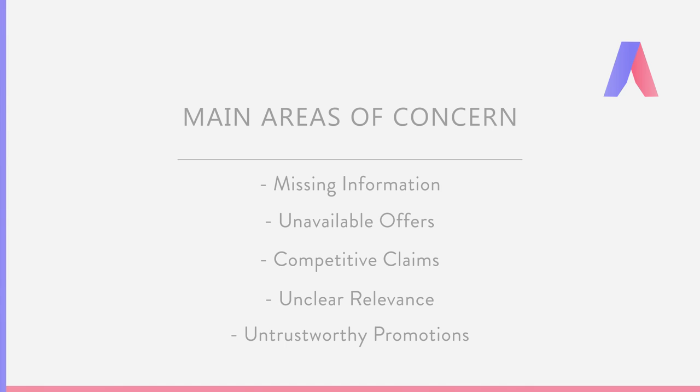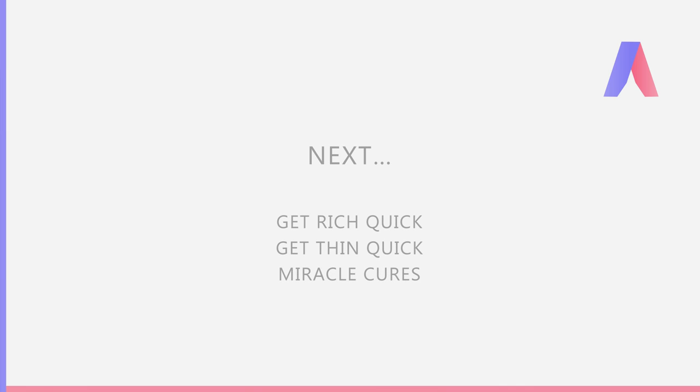There are 3 areas within the untrustworthy promotions category that affect legitimate businesses, and they get swept up into this one all the time. And they're so special, they get their own categories. So in the next 3 videos, we're going to do a deeper dive into untrustworthy promotions and drill into 3 categories of advert policy violations with your copywriting that you may at first glance not think relate to you in any way.